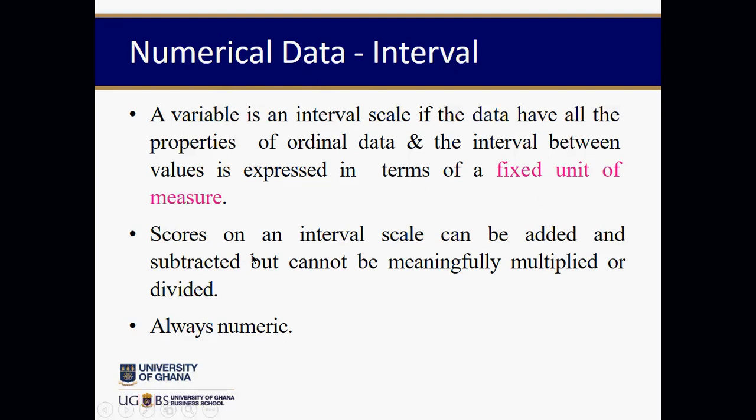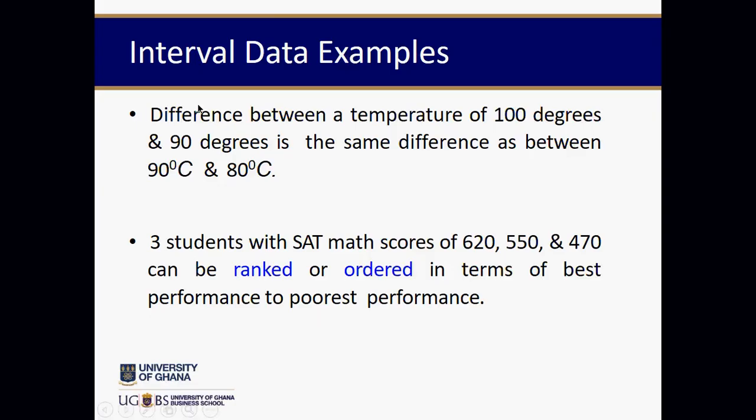So scores on an interval scale can be added and subtracted but cannot be meaningfully multiplied or divided. Always numeric. So these are self-explanatory, and we have interval data examples. The difference between a temperature of 100 degrees and 90 degrees is the same as the difference between 90 and 80.